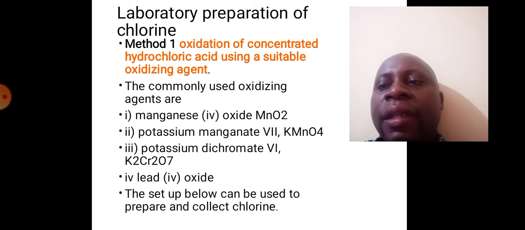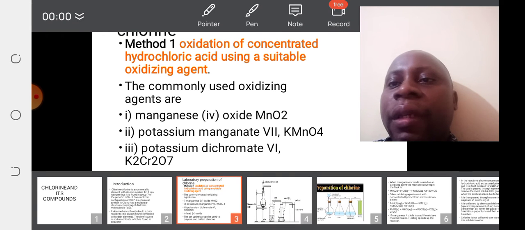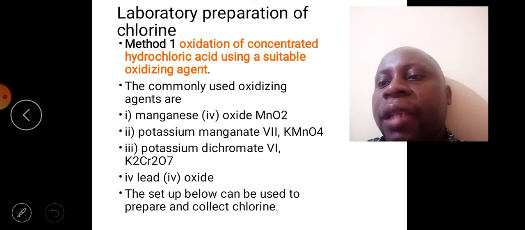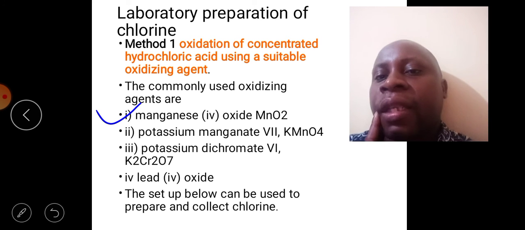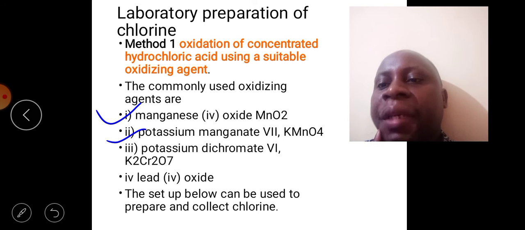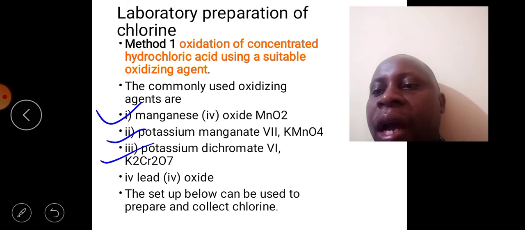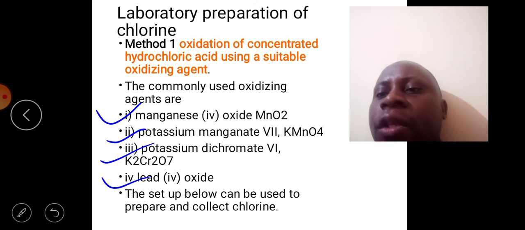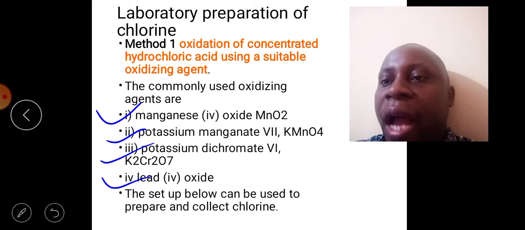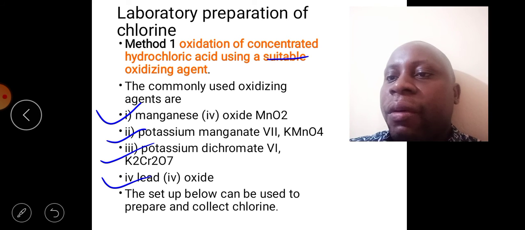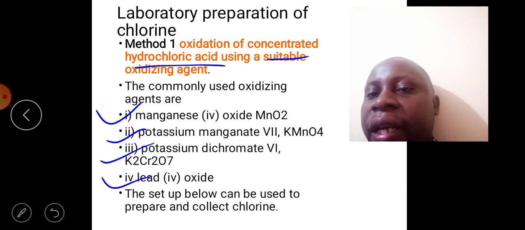In using this method, the commonly used oxidizing agents are manganese(IV) oxide, potassium permanganate, mostly known as potassium manganate(VII), potassium dichromate(VI), and lead(IV) oxide. These are the various oxidizing agents that can be used to oxidize concentrated hydrochloric acid to produce chlorine gas.